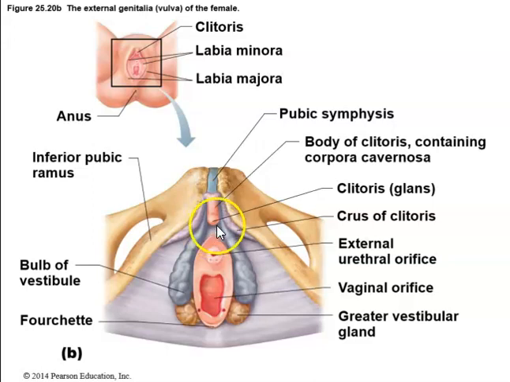And then we have the glans of the clitoris, and then we have specific glands such as the vestibule and greater and lesser vestibular glands. Here we see the vaginal orifice and the external urethral orifice. Okay, so notice that the urethral orifice is anterior to the vaginal orifice.